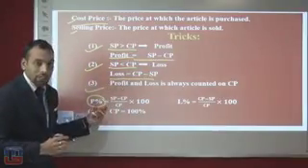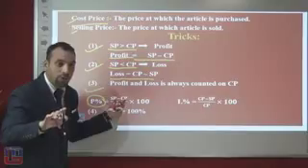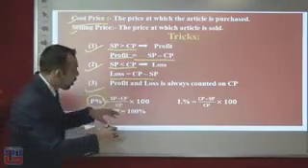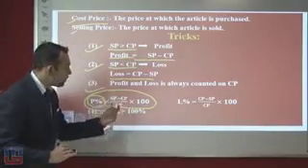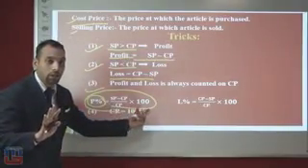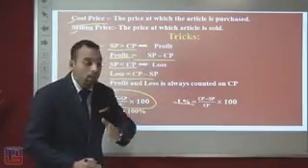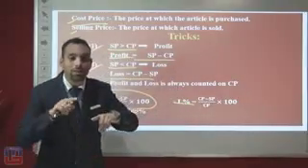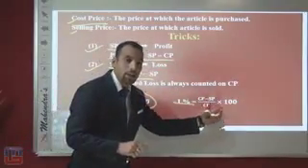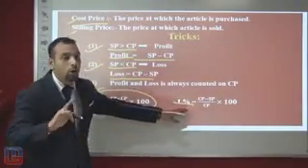Profit percentage will be equal to SP minus CP, that is profit, counted on CP, so the formula will be SP minus CP by CP into 100. Similarly, the formula of loss percent will be CP minus SP, that is loss, counted on CP, into 100. So this is the formula of profit percent and this is the formula of loss percent.